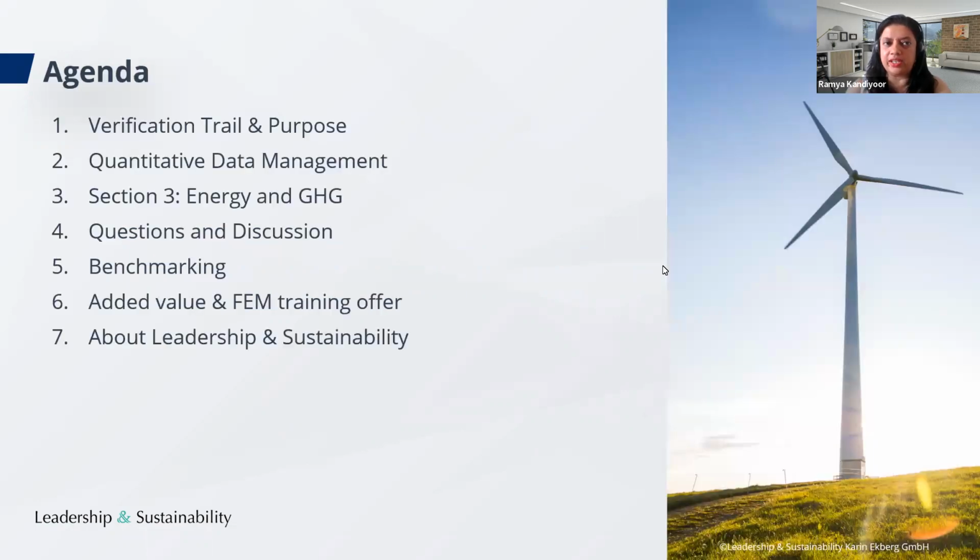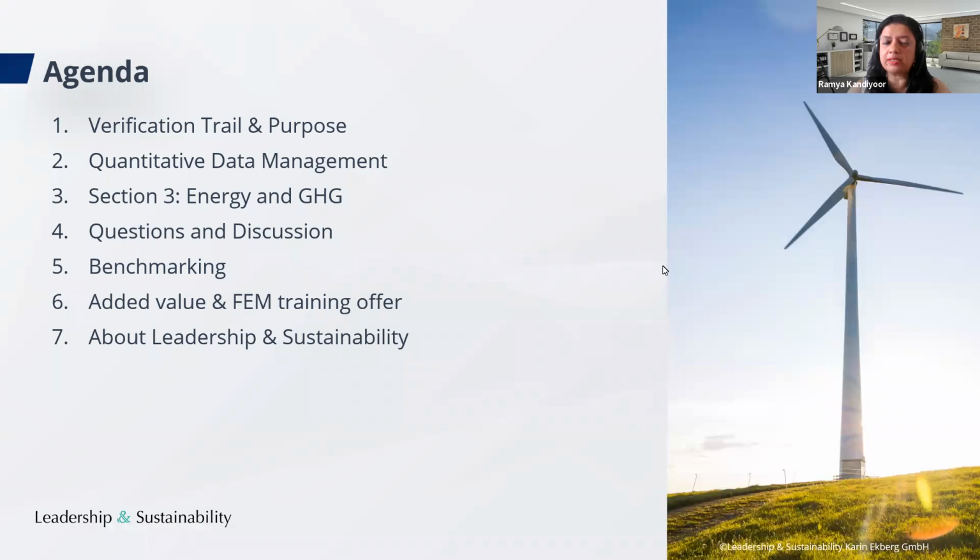Let's take a look at the agenda for today. We will cover the verification trail, its purpose. We will cover the quantitative data management aspect, which is very important with regard to all of the data that we manage in all of the sections in Higg FEM. In section 3, we will cover in depth the energy and GHG section.